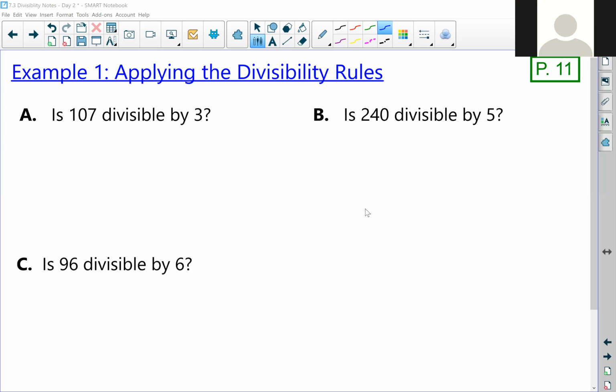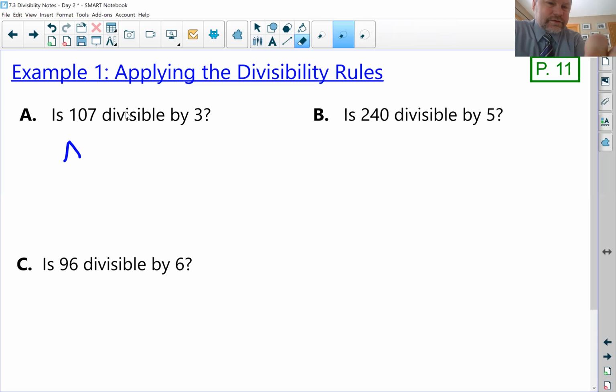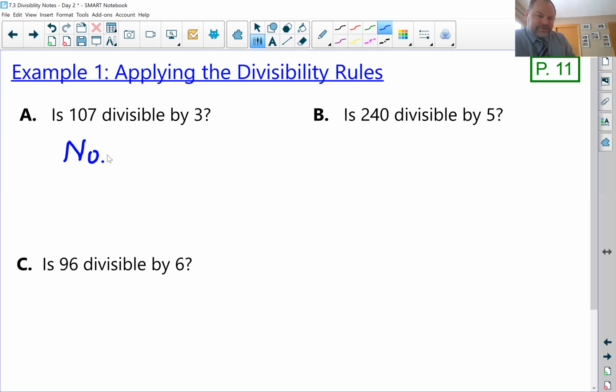No, it's not. Okay, so the answer here is going to be no, because the sum of the digits is not divisible by 3.